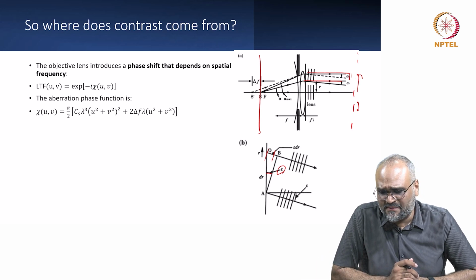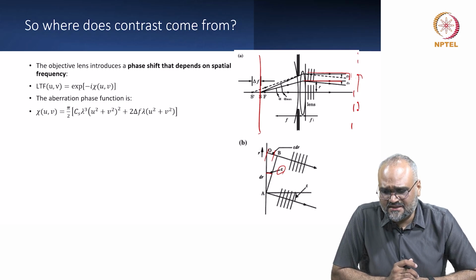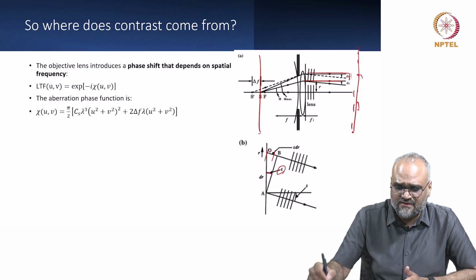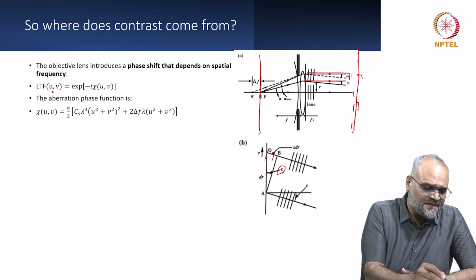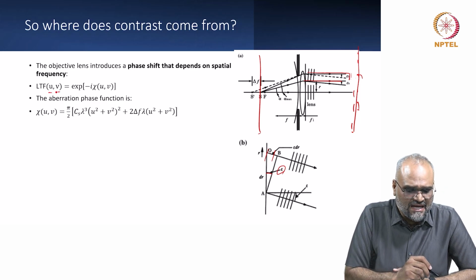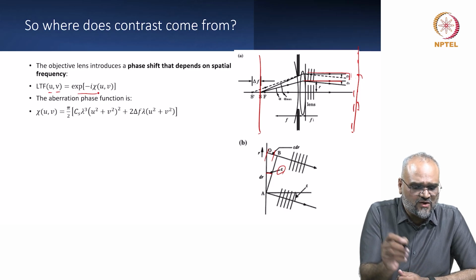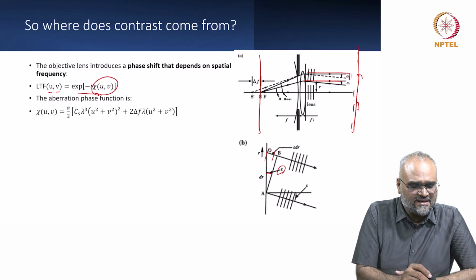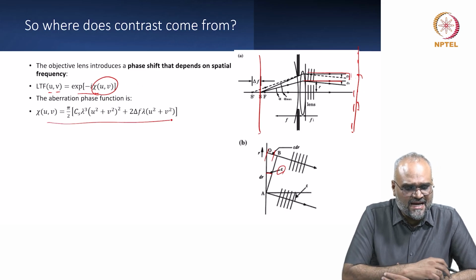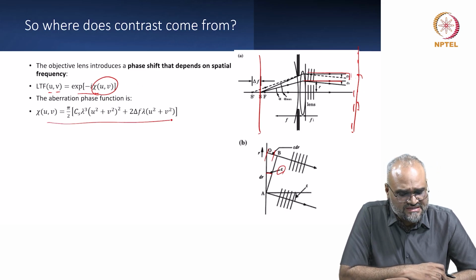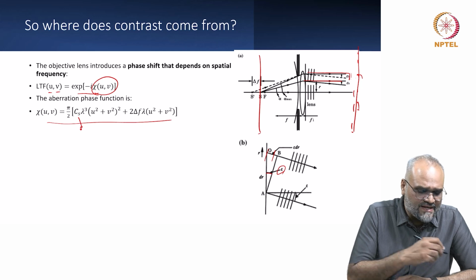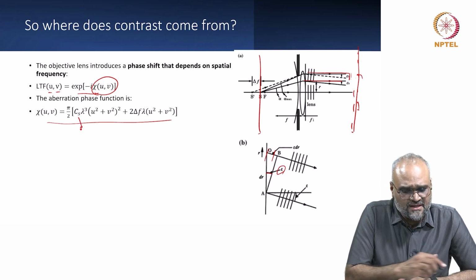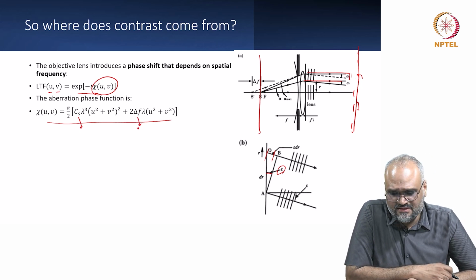Now if I have a two-dimensional system here, if I look at the 2 dimensions of the back focal plane, I have the spatial frequencies as u and v, and the lens transfer function is written as a complex number, e power i chi, where chi is the aberration phase function, which is written in terms of the spherical aberration introduced by the lens as well as the phase shift caused by the defocus.